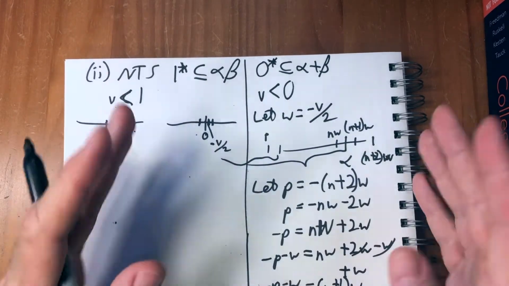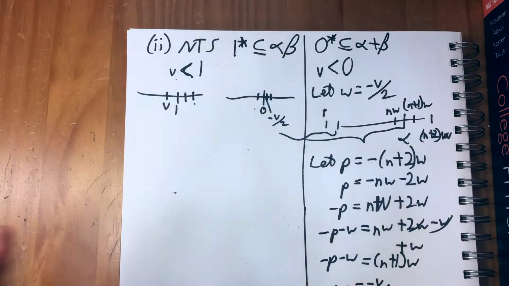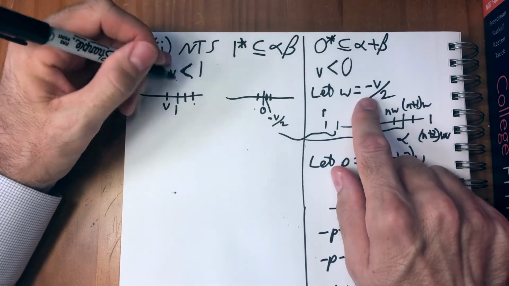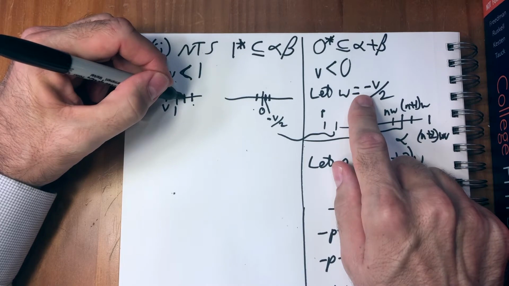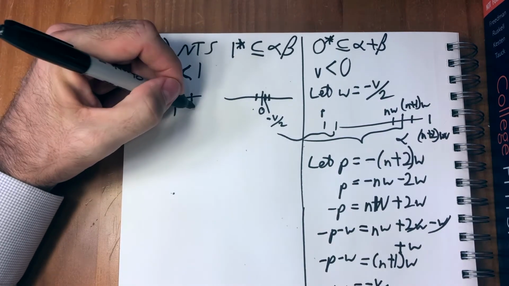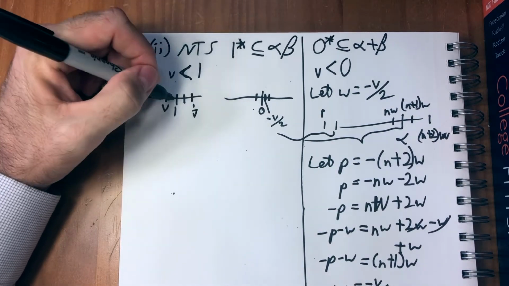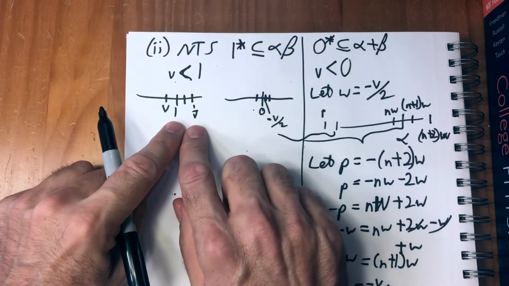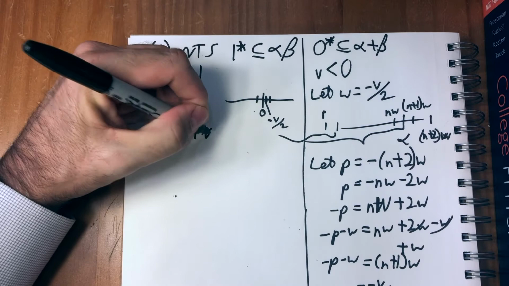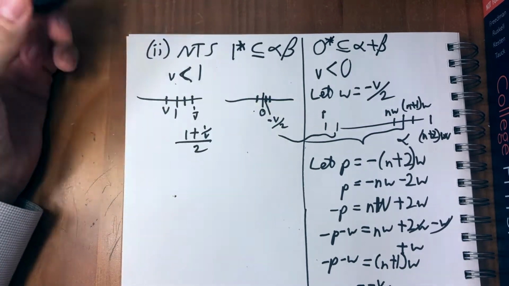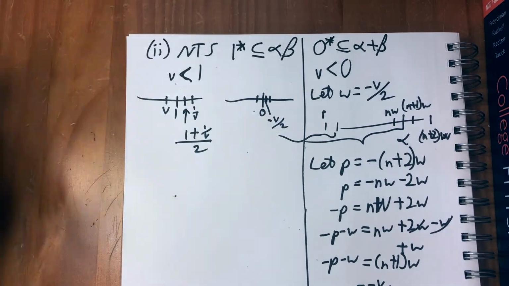In addition, those two things are equal. But in multiplication, they're not. If you take the inverse of v and divide it by 2, then this would be 1 over v, and then you want to get halfway between them, so it would be 1 plus 1 over v divided by 2. That's a number around here.